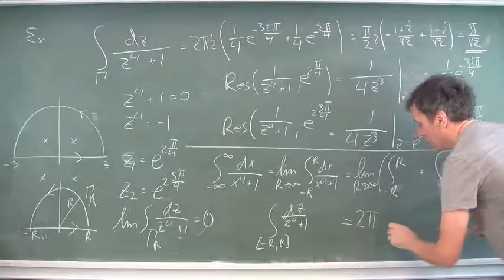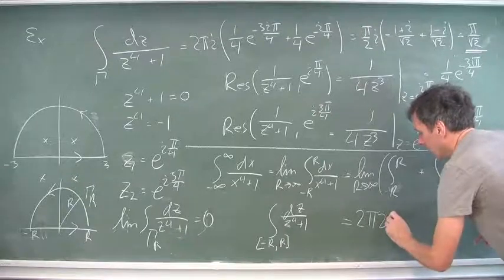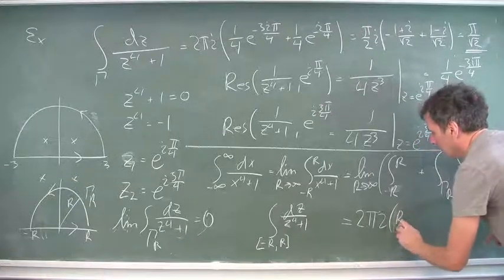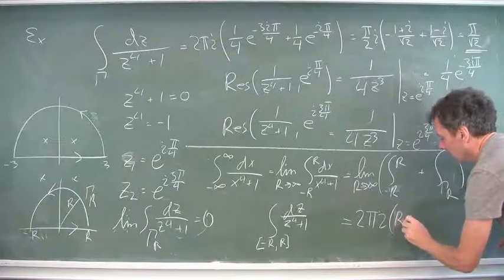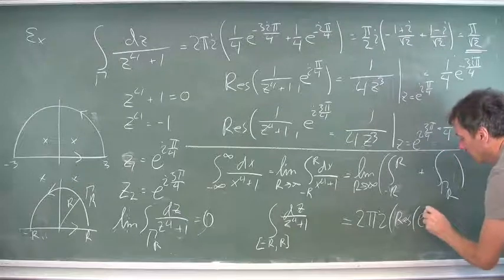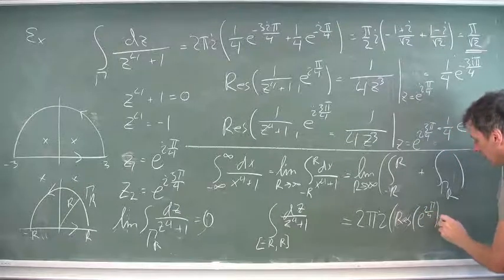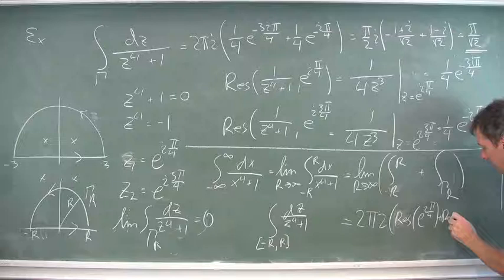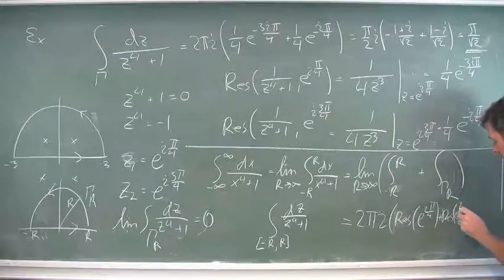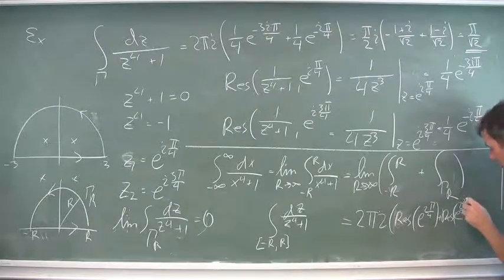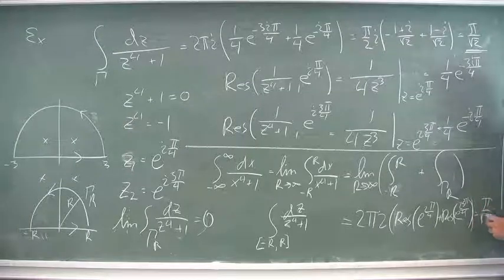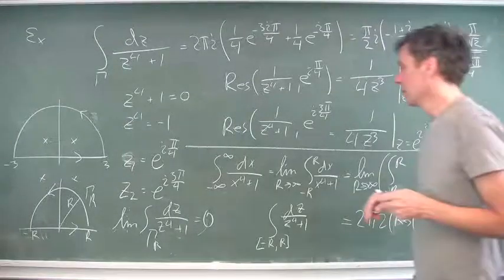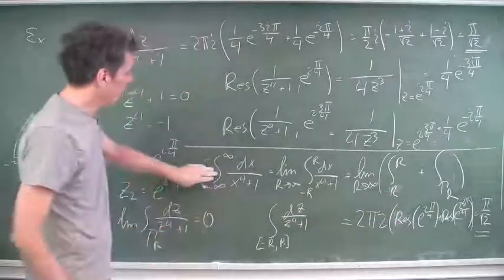So it will again be equal to 2 pi I times the sum of the residues inside here. Well, the residue at the point e to the I pi divided by 4 plus the residue at the point e to the I 3 pi divided by 4. And again, by the same computation as up here, this will be equal to pi divided by square root of 2. So we have actually computed this integral.